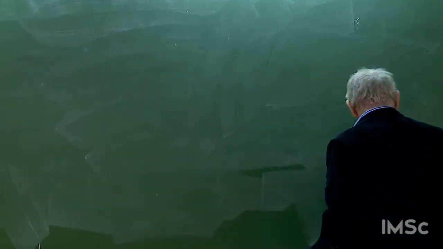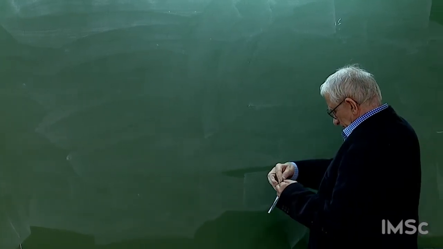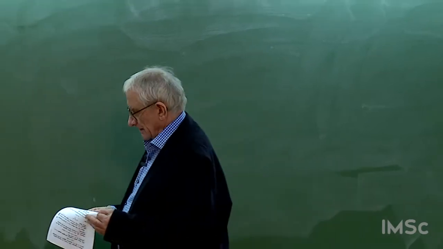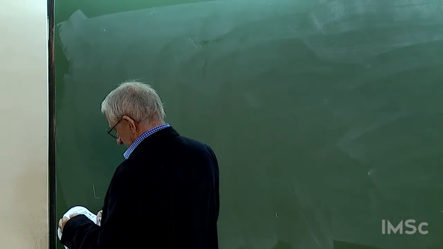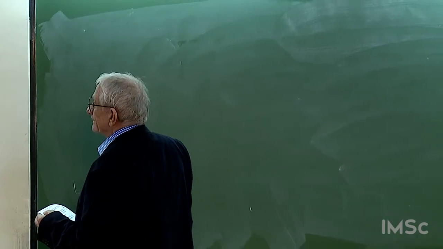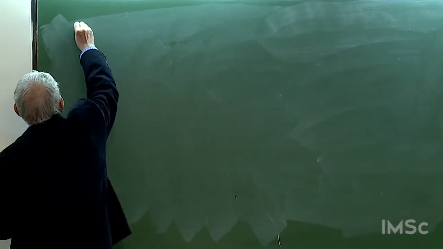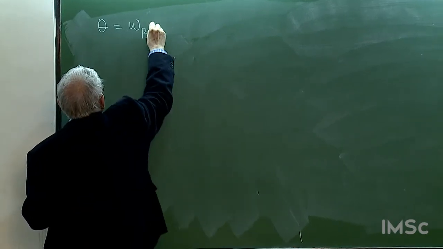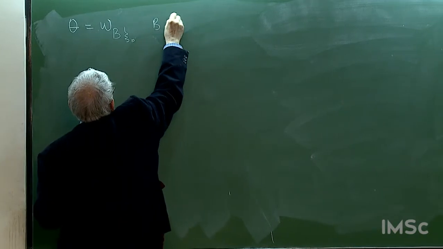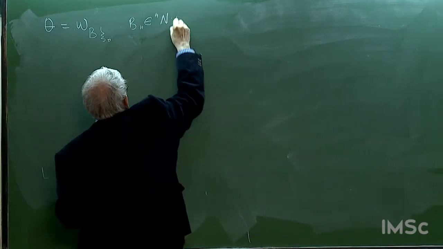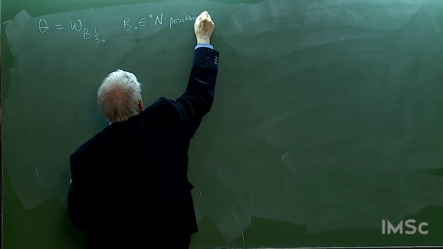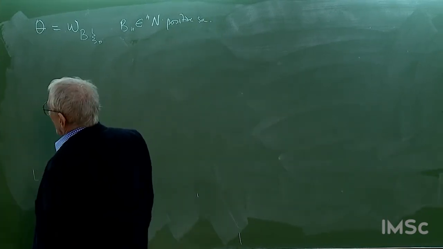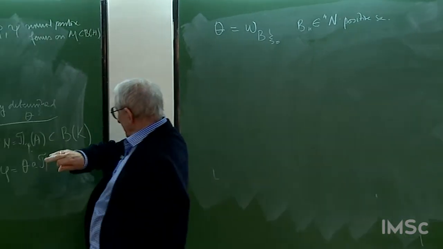Okay. Now, I apply the lemma I already proved, and it follows that this form, theta, is a vector form, omega of B psi naught, with B affiliated to N, positive self-adjoint.